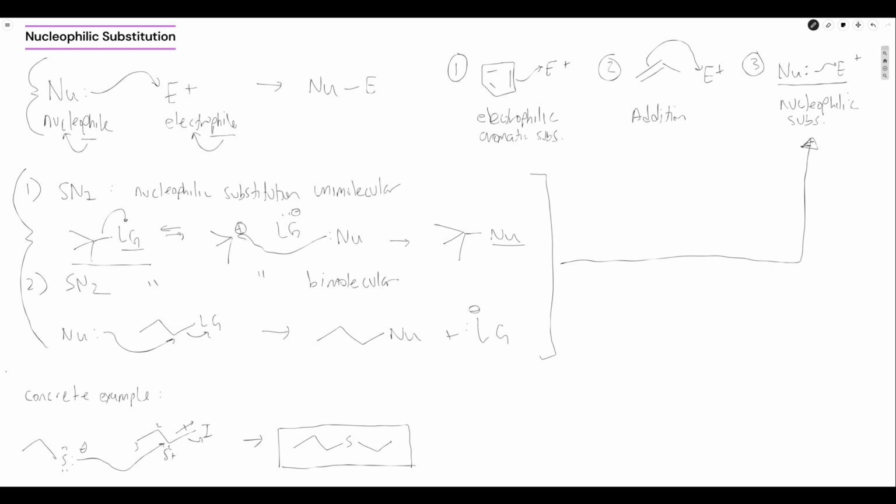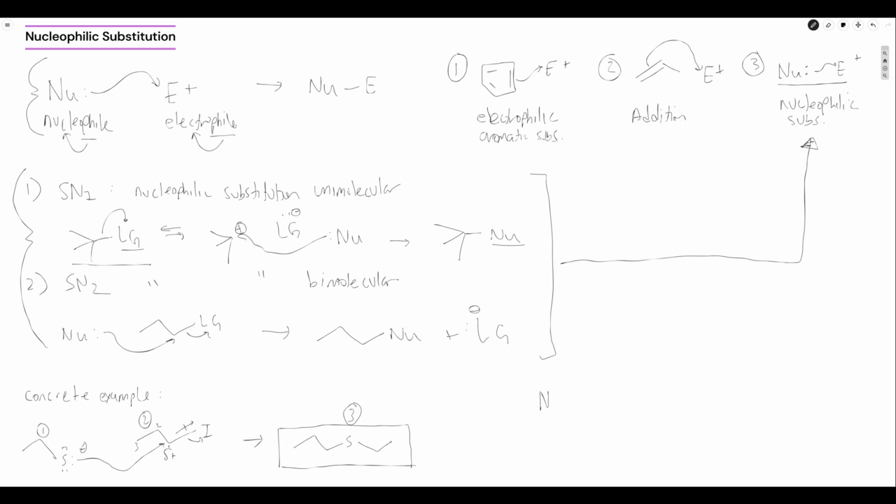We have started with two smaller molecules, 1 and 2, and we've generated a larger molecule, 3. And so by using nucleophilic substitution, we're able to very rapidly build up molecular complexity and generate big molecules from small molecules. So this is basically where this fits into the big picture.